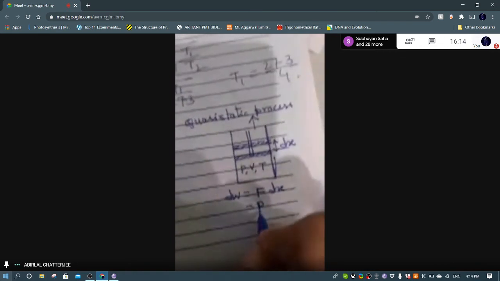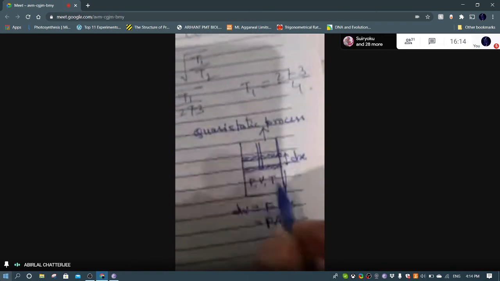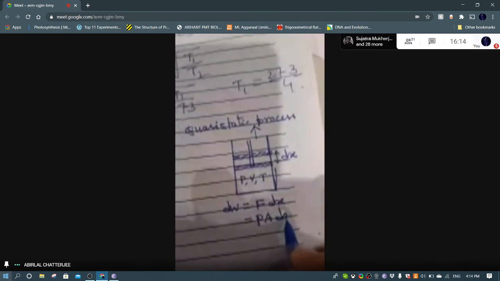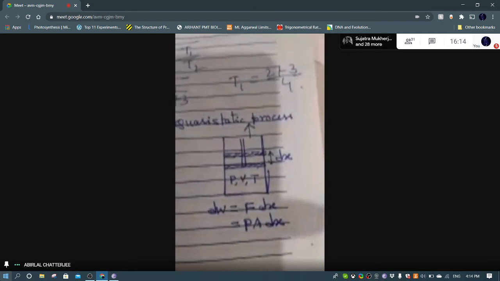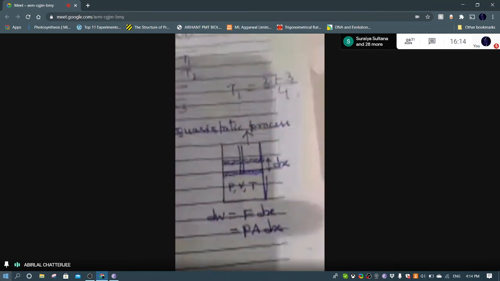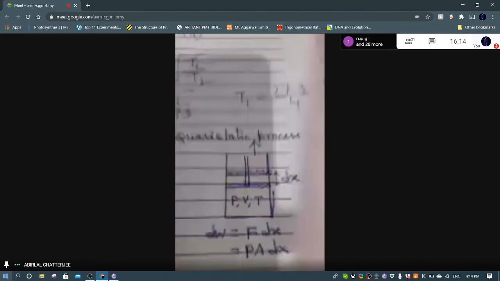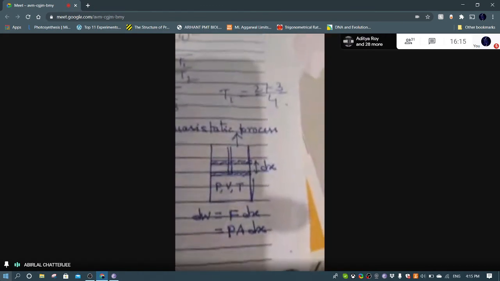P into A, area of cross section of the piston, into dx. Any problem? P into A into dx, F equals to P into A.